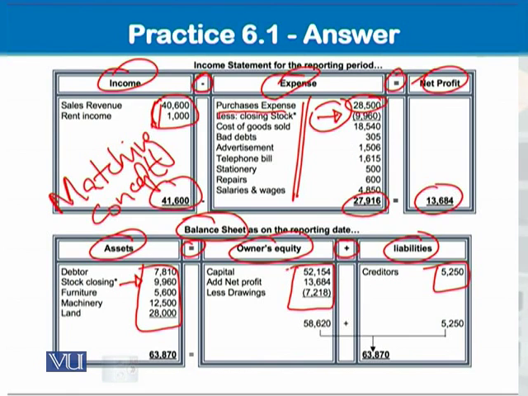It would not be justified if we subtract all the purchases from sales in the presence of closing stock. So closing stock means unsold goods. Okay, those remained unsold.